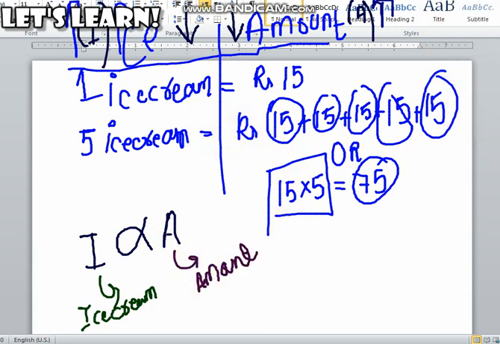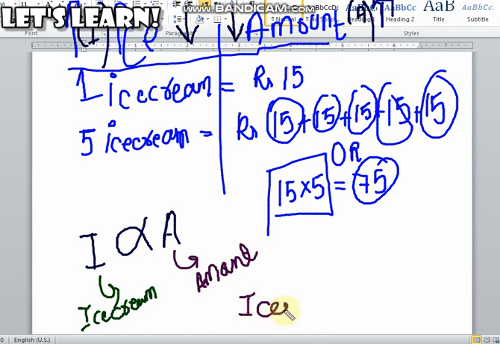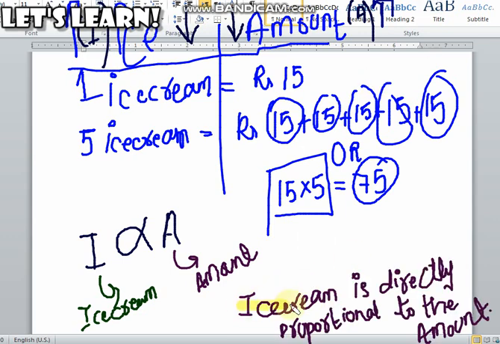When I write the statement, I would say that the ice cream is directly proportional to the amount. It's actually the number of ice creams, I just wrote it as a shortcut. So that is how we can write the relationship between two things which are directly proportional to one another. Now we'll move on towards the calculations.